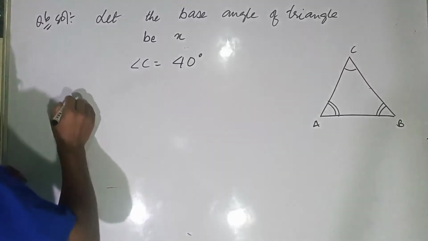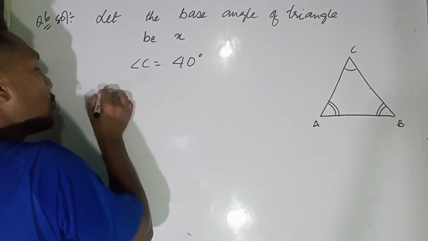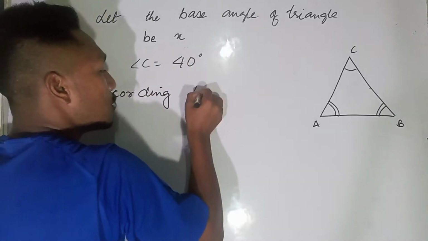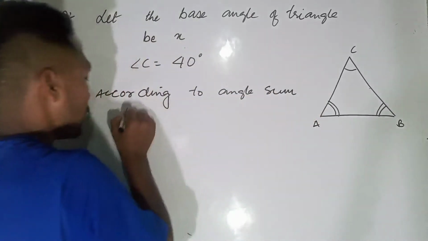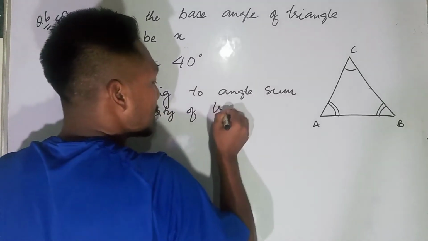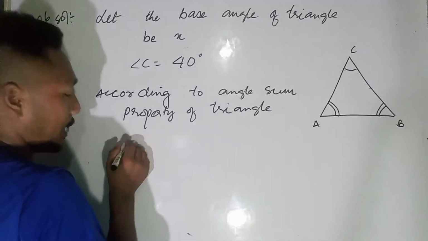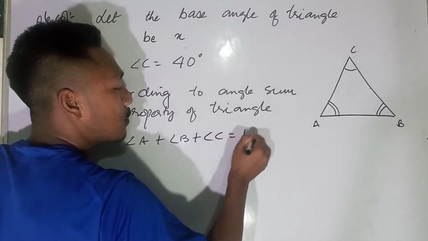According to the angle sum property of triangles, angle A plus angle B plus angle C is equal to 180 degrees.